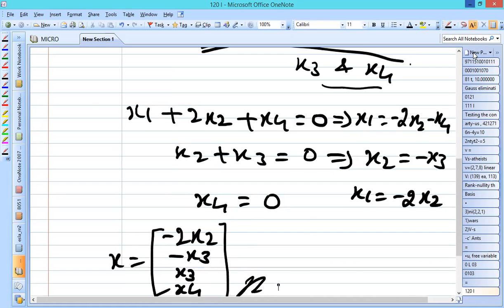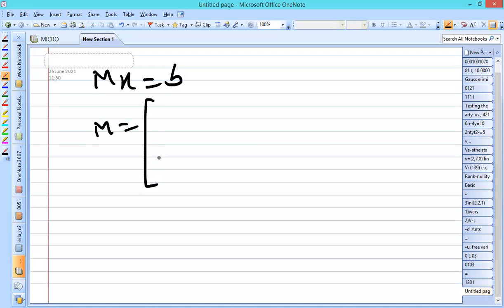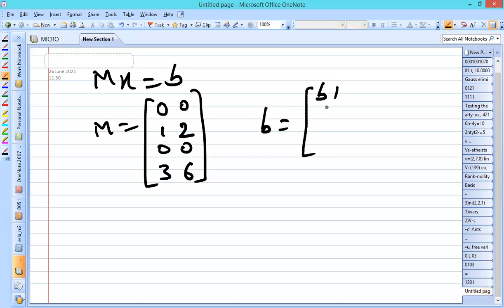So this is the next problem. Next, carry out the row echelon method to find the complete solution of Mx is equal to b, where M is given by 0, 0, 1, 2, 0, 0, 3, 6, and b is given as b1, b2.